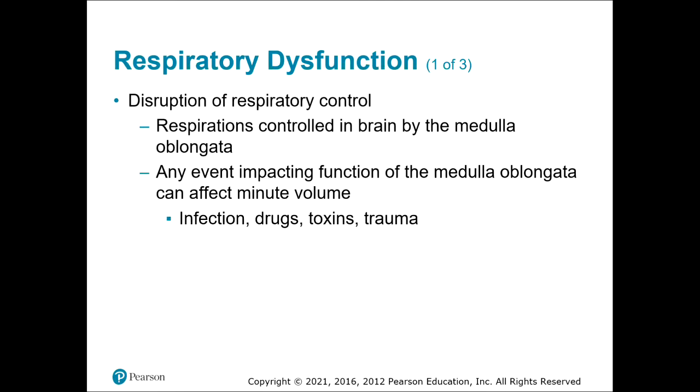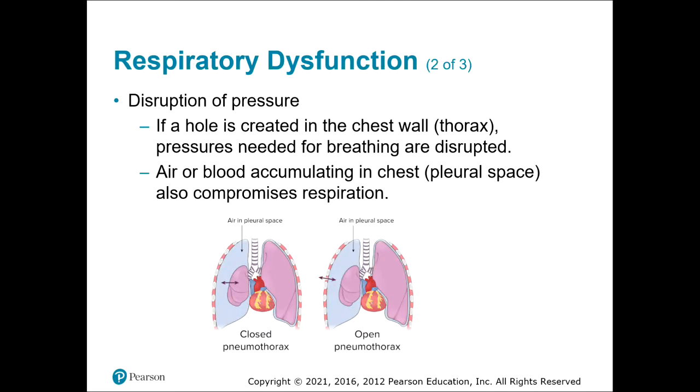But that's one of the major things. Trauma, TBIs, that can definitely affect it. Strokes, any of that type of stuff will affect our respiratory drive. So, disruption of pressures. This is something common we see in traumas. When we talk about pneumothorax, hemothorax, tension pneumothorax, this is all dealing with the collapsing of a lung. Okay?